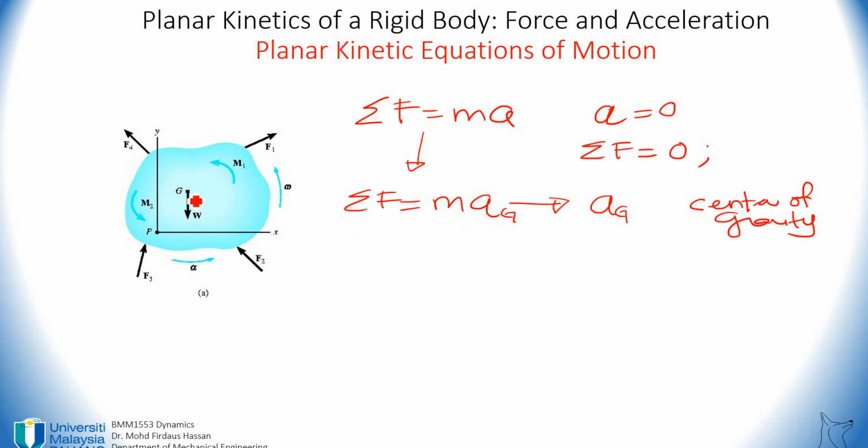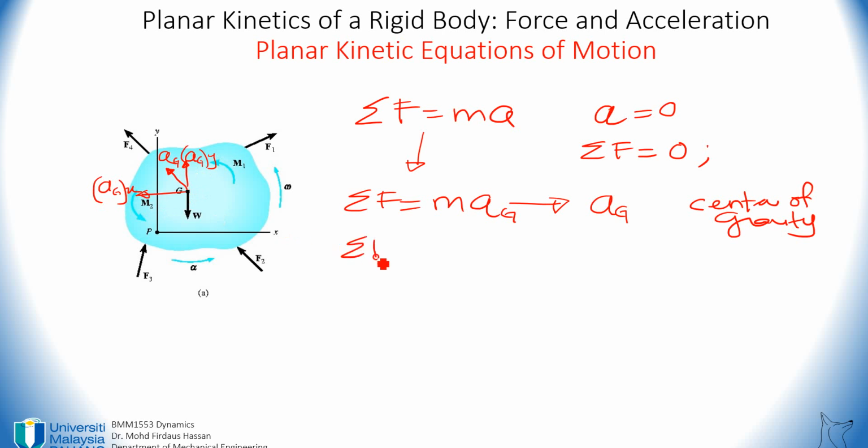Let's say this rigid body accelerates or moves to the top left corner. We can split the acceleration into two: a_G y and a_G x.